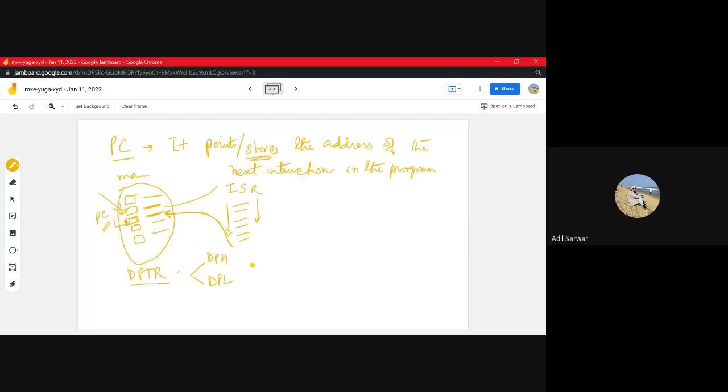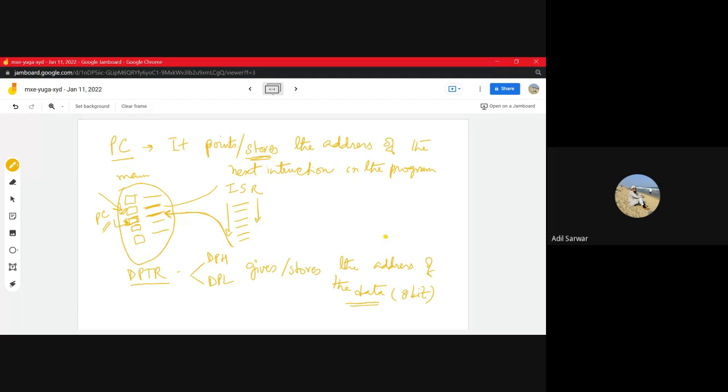So let me write it down here. It stores the address of the data. Fine. So data itself is 8-bit.